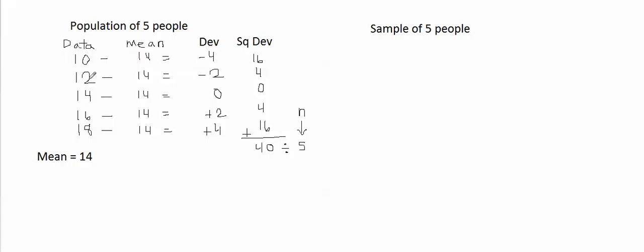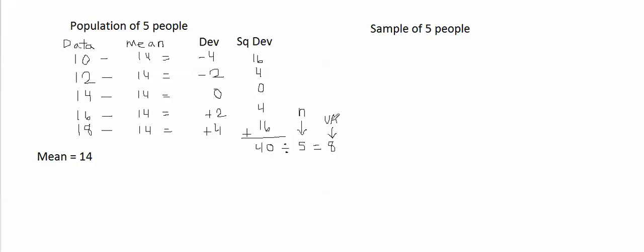So if you have 5 people, you have 5 squared deviations. So it's really just the sample size. And when you divide by n, it comes out to 8. So when I divided the total of the squared deviations by n, I got 8, which is my variance. It's the variance of this population of 5 people.